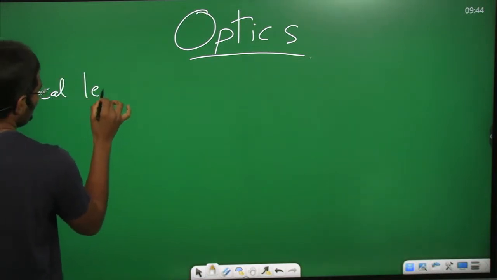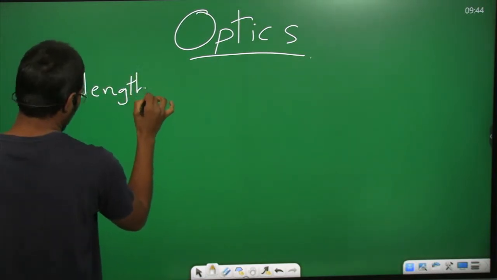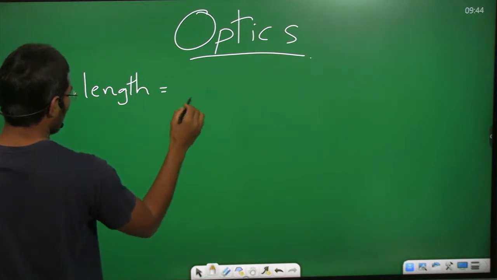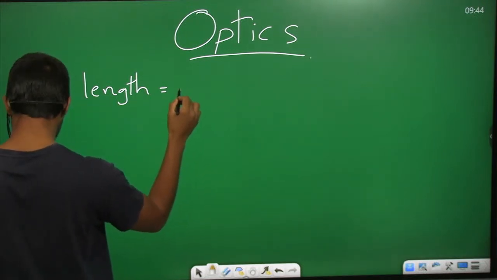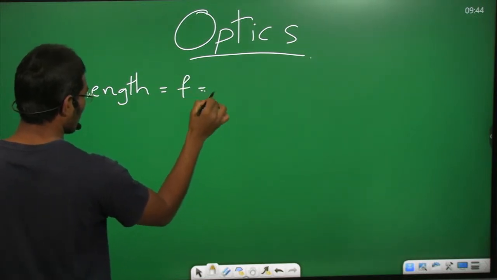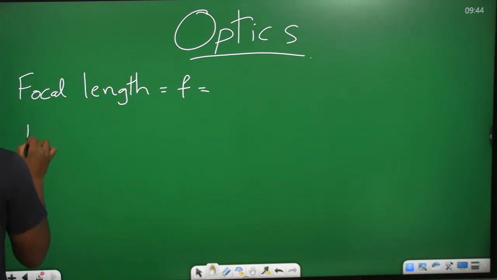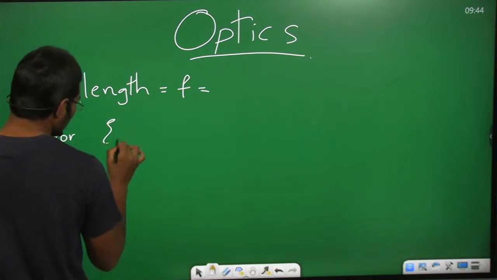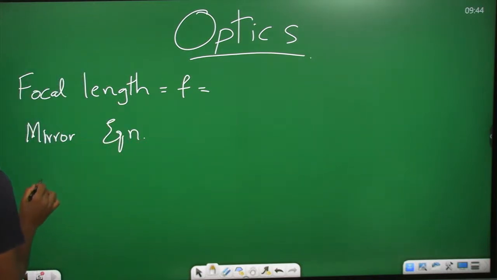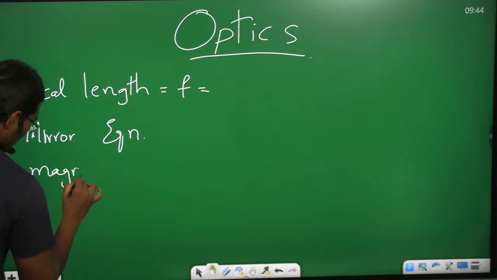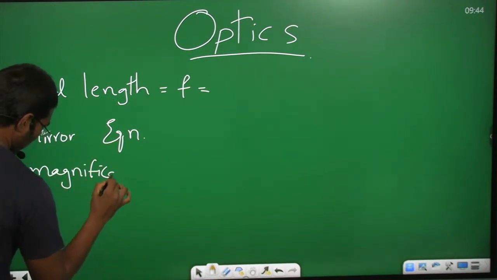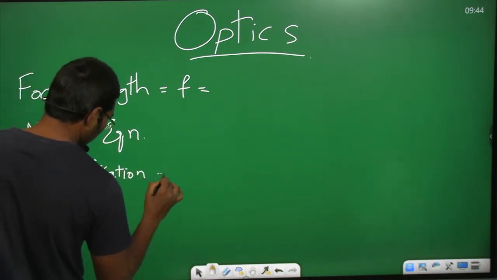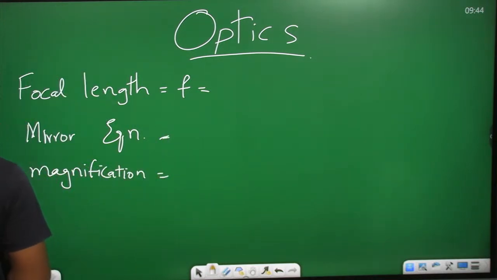Try to fill them. Focal length in terms of R. What is the mirror equation? What is magnification? So try to fill the blanks.